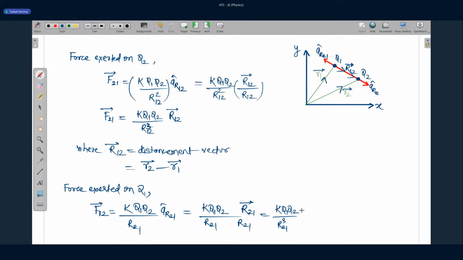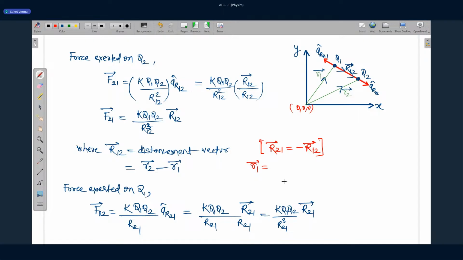Now what about the r21 vector? This r21 vector is just opposite to the r12 vector. So now you can calculate it from r1 minus r2. And how do you calculate r1 and r2? r1 is nothing but the position vector.